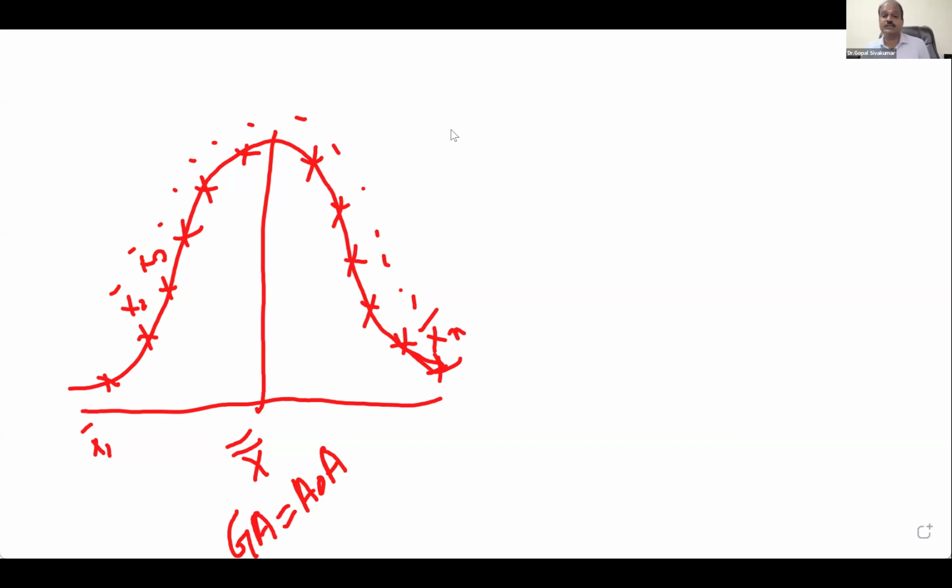We are trying to understand how the sample average is getting distributed. And the beauty is the tendency of your sample average getting distributed in the form of a bell curve will be much higher than your individual samples. All of you agree with me on this?